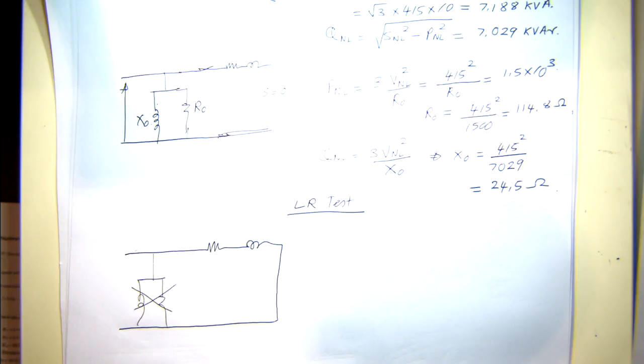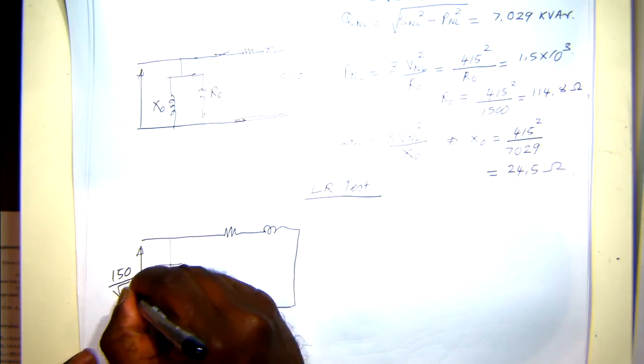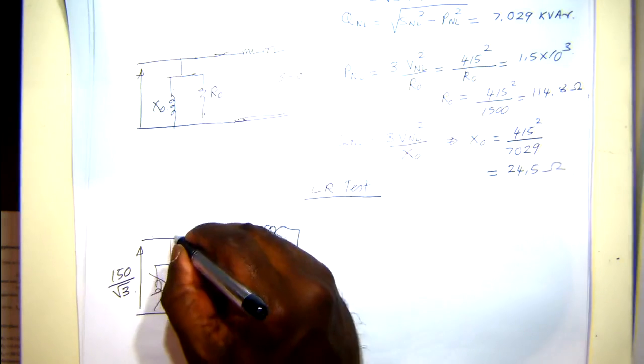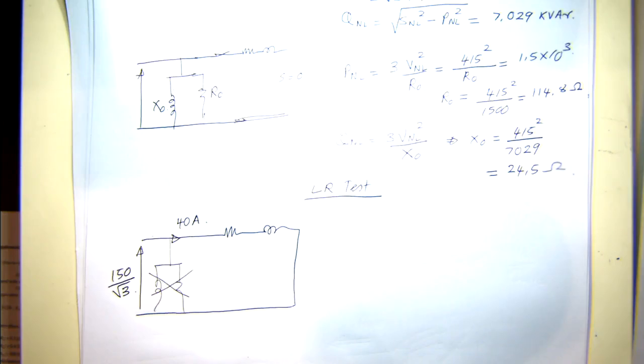So for the lock rotor test, the line-to-line voltage is given as 150. So we have 150 over root 3 here, and the current is given as 40 amperes. So here we have a 40 ampere current, and the power that it consumes is given as 1 kilowatt per phase.